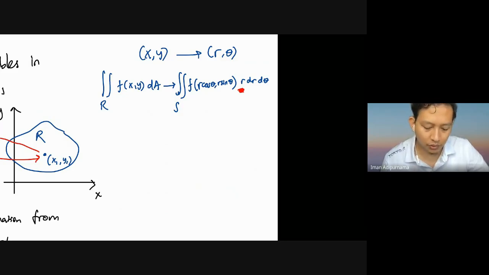So from rectangular to polar, it's actually the same idea. And here is the difference, or the additional multiplier that we need to add to the polar: we need to add r here. This is actually called the Jacobian.